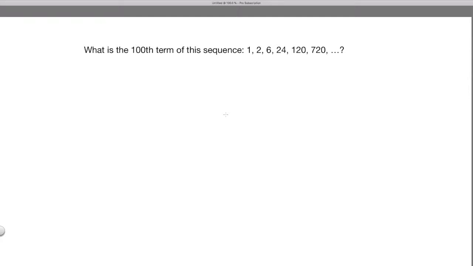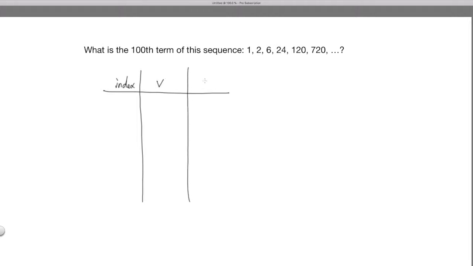Like the other video that we talked about, take a difference, here we're also going to make a table, writing down the index value and the term values, and we'll look at the relationships between the terms. So let's make a table here. Write down the index and the values of the terms.